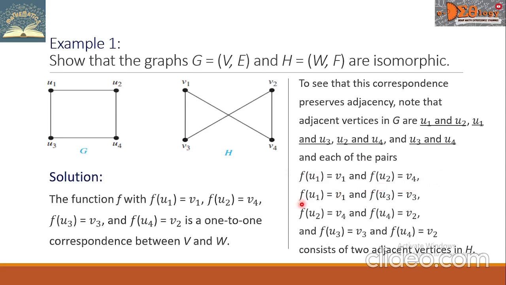Second pair, f(u1) = v1 and f(u3) = v3. This is the second pair. Third pair is f(u2) = v4 and f(u4) = v2. And last pair, f(u3) = v3 and f(u4) = v2 consists of two adjacent vertices in graph H.